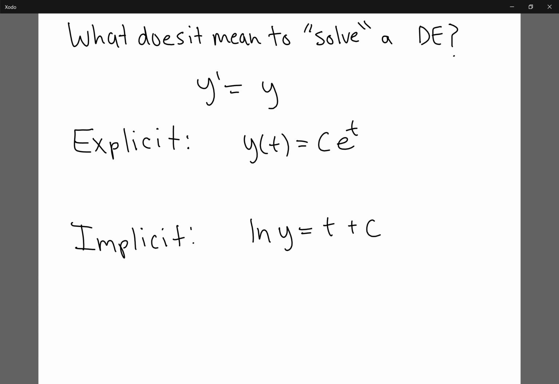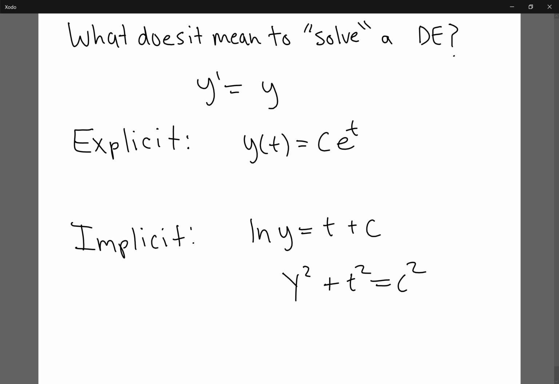We'd have to do a little bit of algebra to try to find y once we've got a value of t. Now in this case, it's simple enough to take this implicit solution and turn it into an explicit solution, but there are examples of situations, things like y² + t² = c², where we can't just find a single expression that gives us y from t.